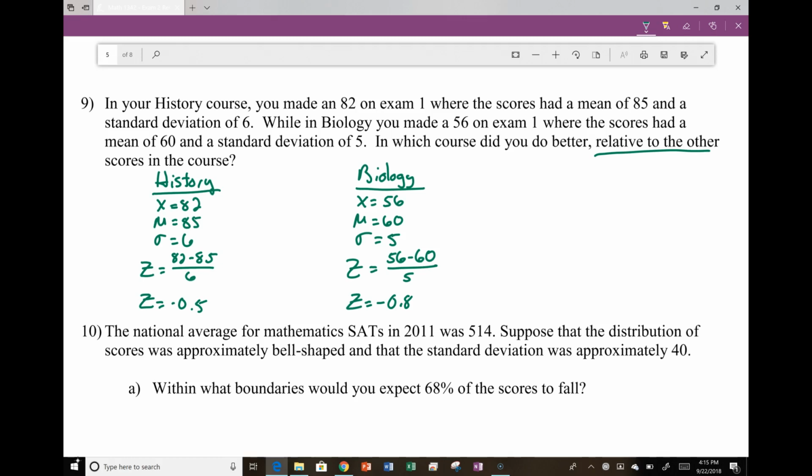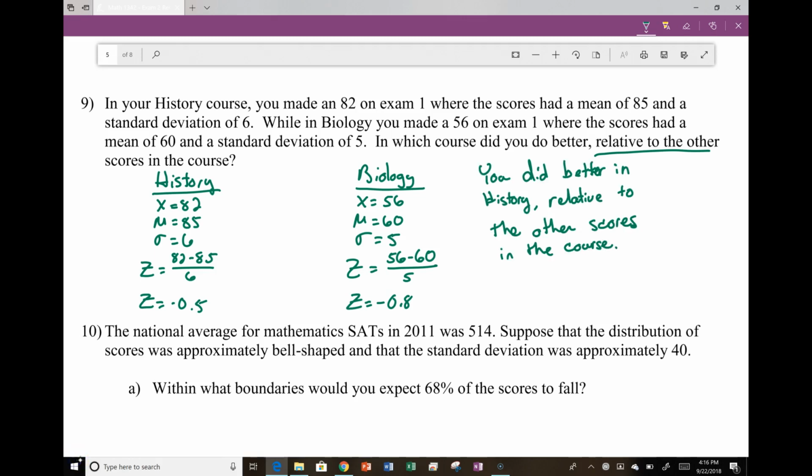Looking at these two scores, recall that the smaller the negative value, the worse it is. And so actually you did better in history relative to other scores in the course. So again, you did better in history relative to the other scores in the course.